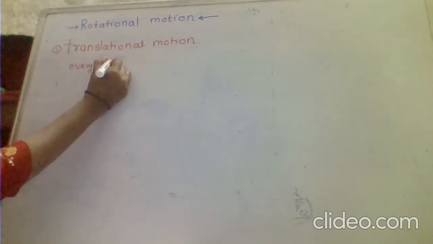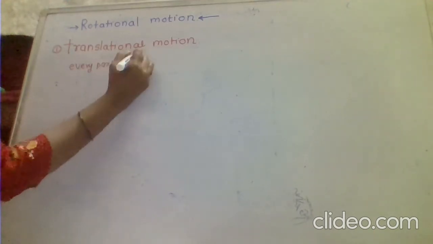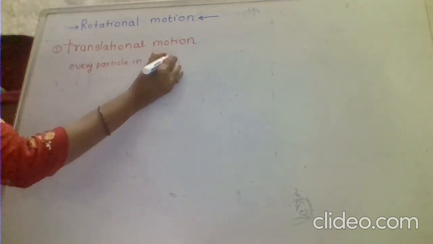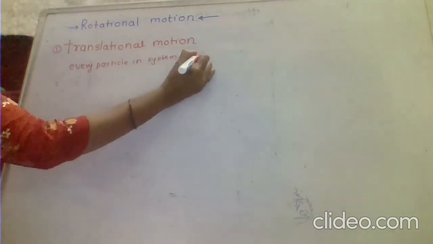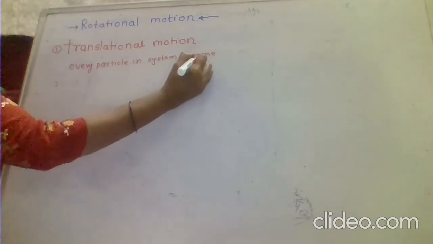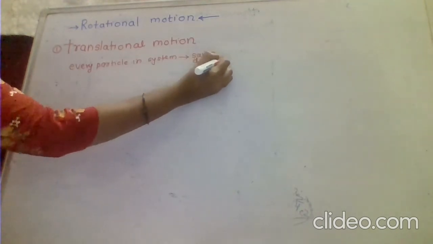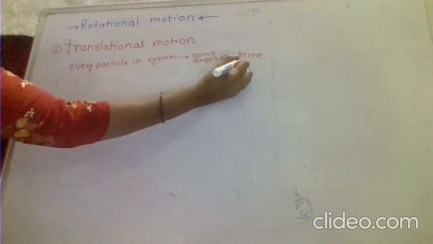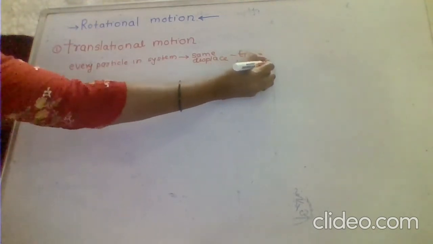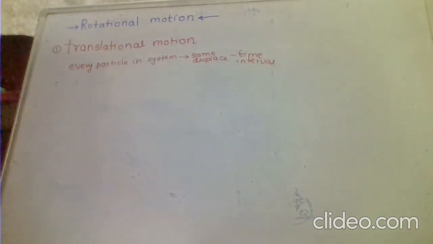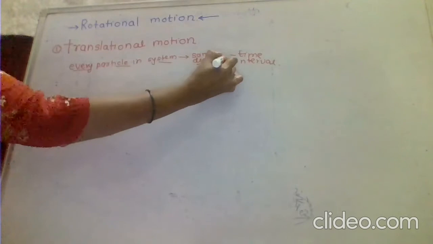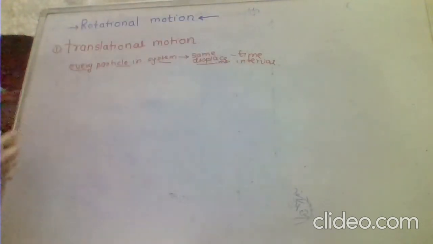In a translational motion, every particle in the system undergoes the same displacement in the same interval of time. Then the motion is said to be translational motion.